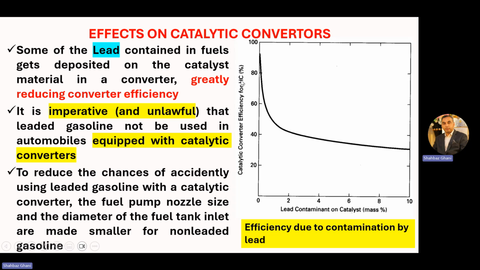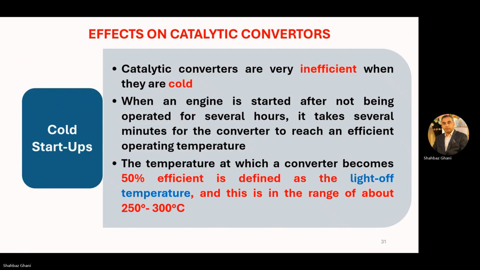This is the catalytic converter efficiency for hydrocarbons. If we have zero lead contamination, the efficiency will be this much. As the lead contamination mass percentage increases, the efficiency decreases drastically. So unleaded gasoline has to be used when you are using a catalytic converter in your vehicle.